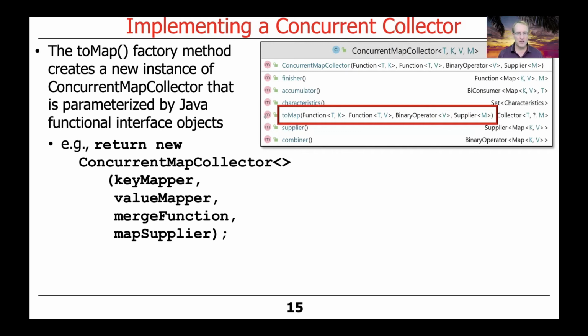And then the final parameter, which is a Supplier, is the kind of factory object that creates the appropriate map that will be returned from ConcurrentMapCollector.